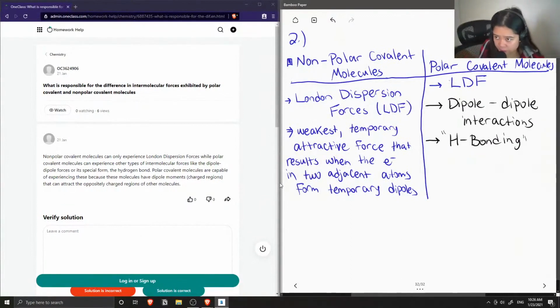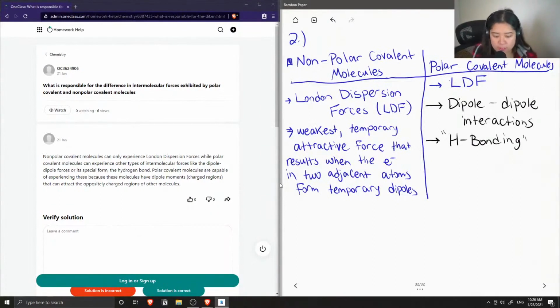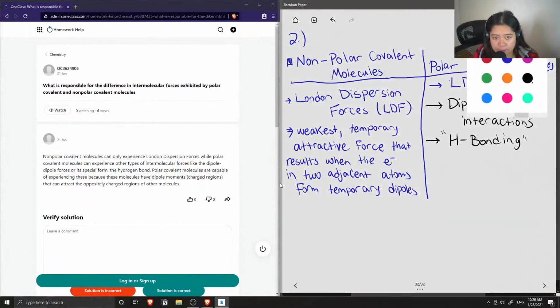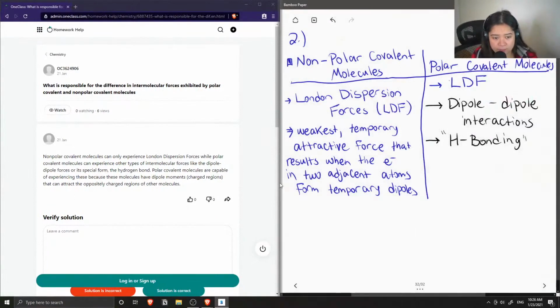So hydrogen bonding isn't just hydrogen covalently bonded to another atom. It's a bit more complex than that. So let's say we had a water molecule, and we know that the oxygen is much more electronegative than these two hydrogens.